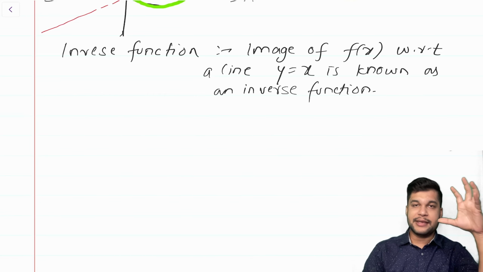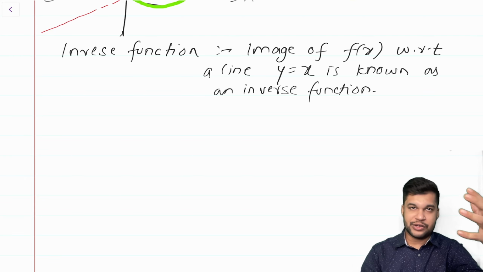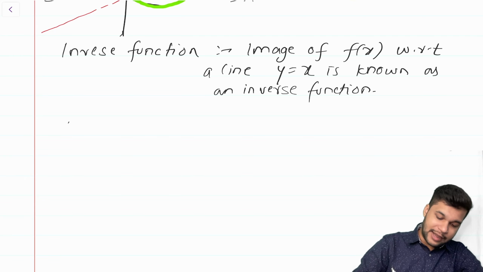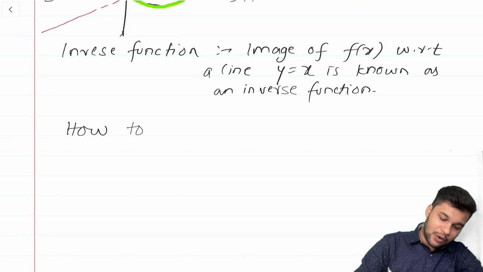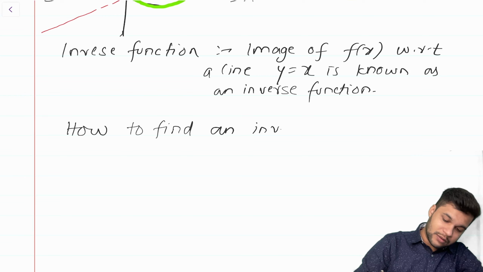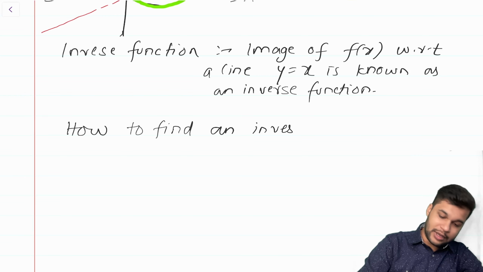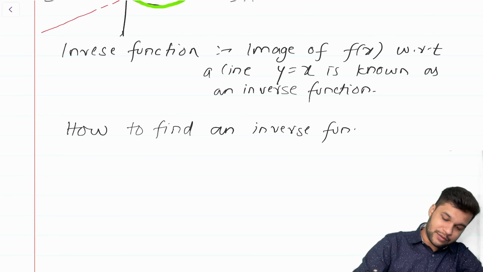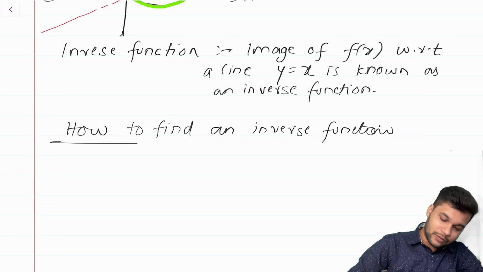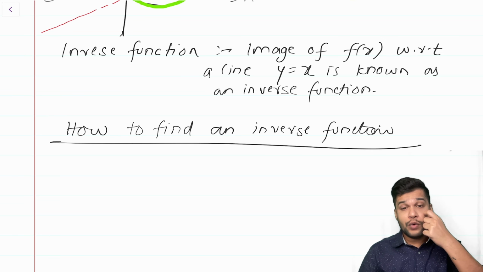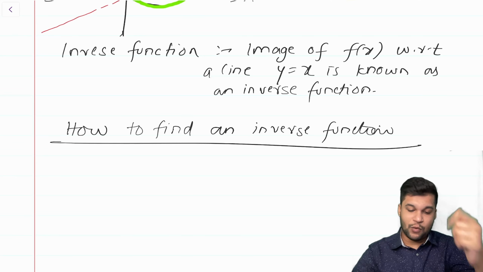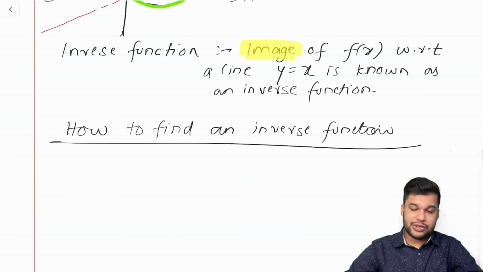Now guys, the question that arises is how to find an inverse function. If you observed, what I said was it is an image with respect to the line y equal to x.